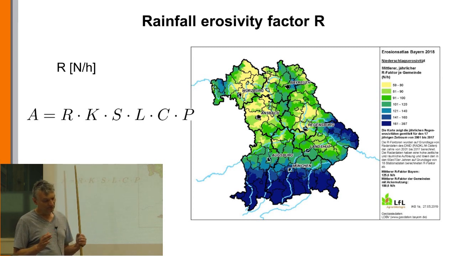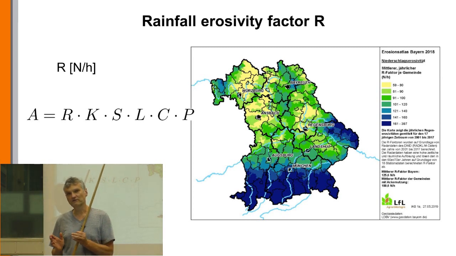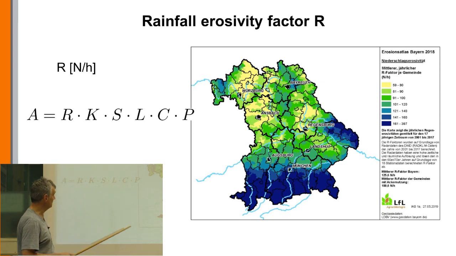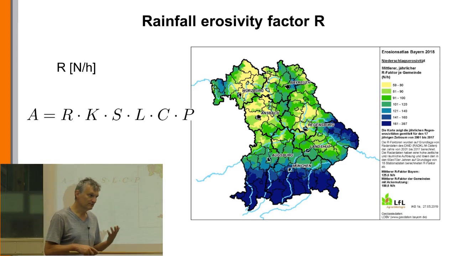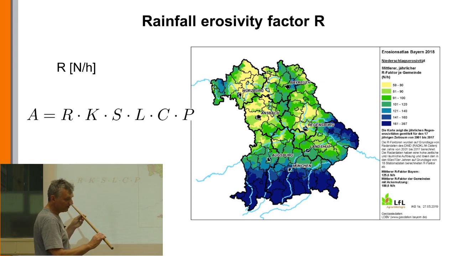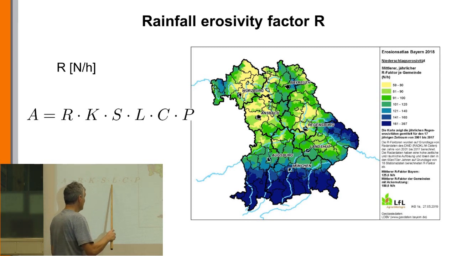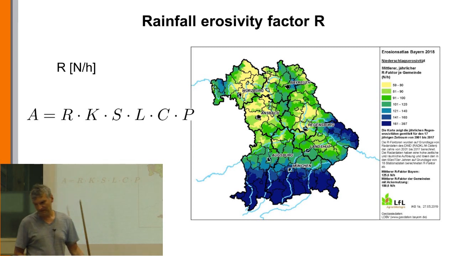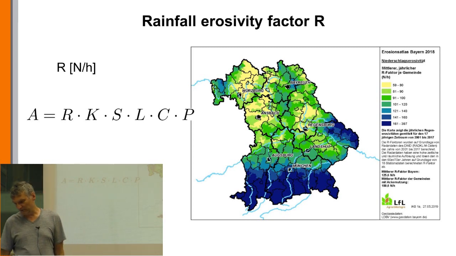They divide the full process into sub-processes, the processes belonging only to the soil, only to rainfall, to the slope of your country, and so on. Today I would like to look at rainfall erosivity.